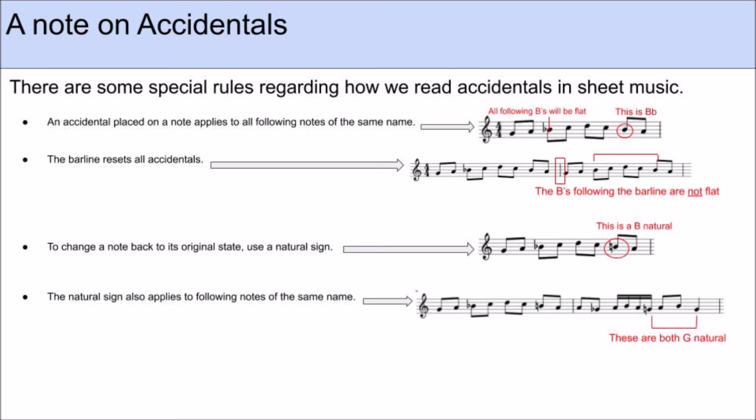This means it is a B natural, or the B flat would be the black key and the B natural would be the white key. So whereas the very first example, the second B didn't have another symbol on it, that made it a B flat. But on this third staff, the second B has a natural sign on it, so that tells you to ignore the previous B flat.